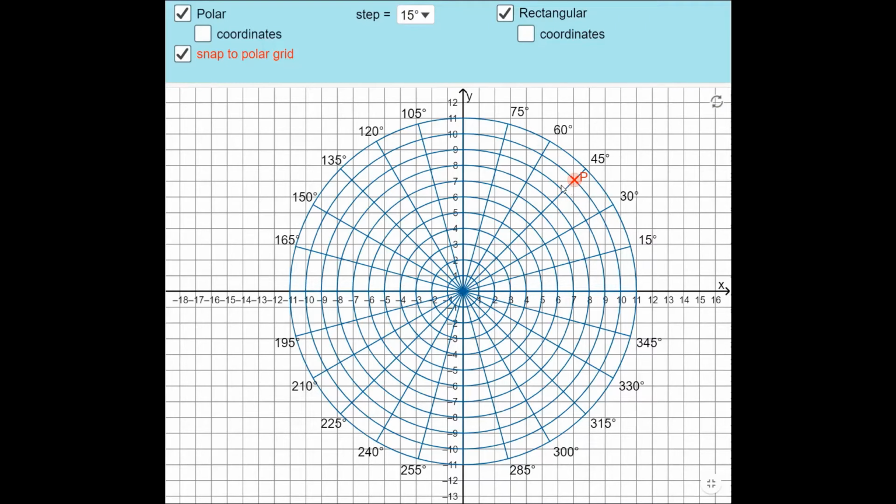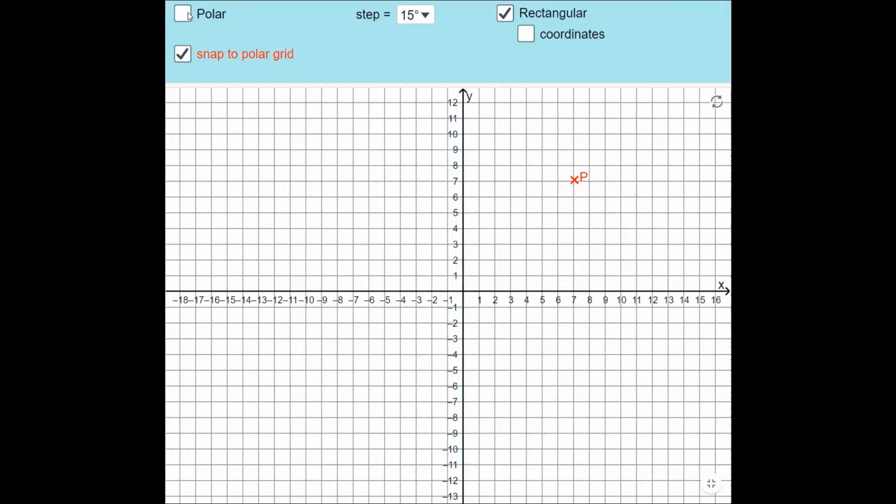When we look at that point from the Cartesian, it is approximately at 7, 7, isn't it?